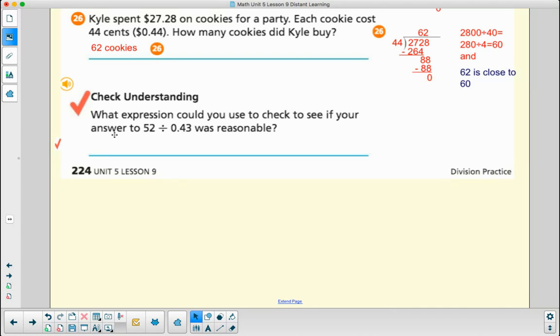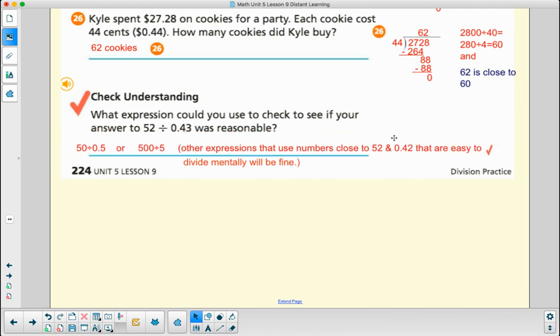Well, to check it, first of all, I would think of it as 5/10 into 50, or then think 500 divided by 5.